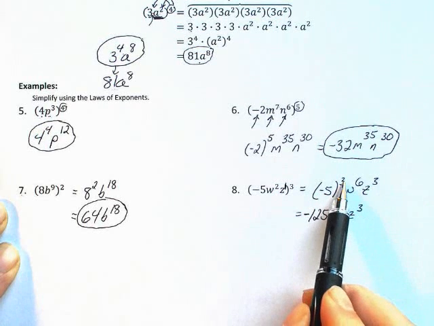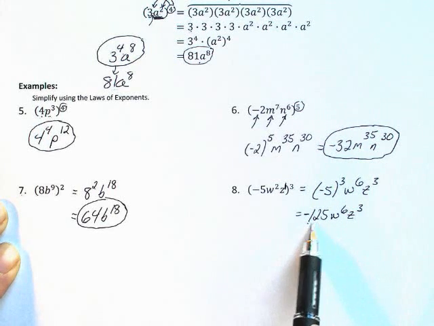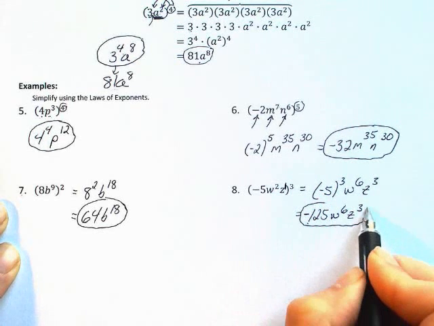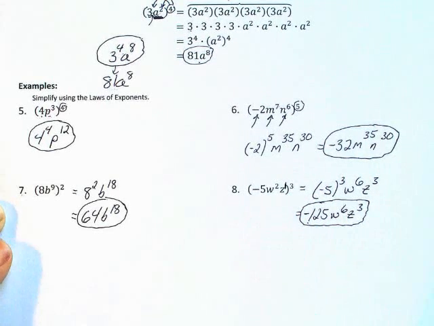Now, -5 to the 3rd power means -5 times -5 times -5, and that's -125. And so this right here is a good form for the final simplified version of this.